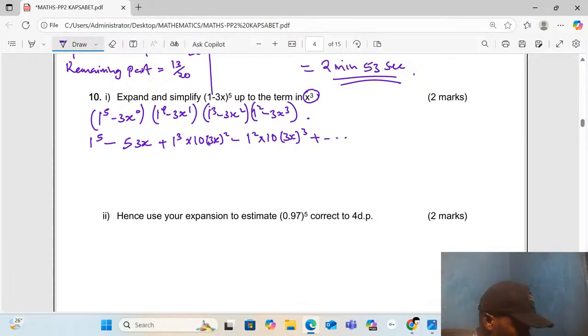So we stop there, so that we have 1 minus 15x plus 90x squared, then plus minus now 270x cubed plus whatever.